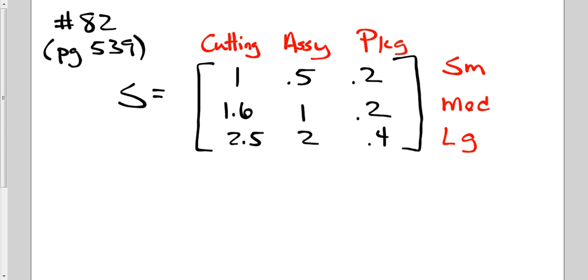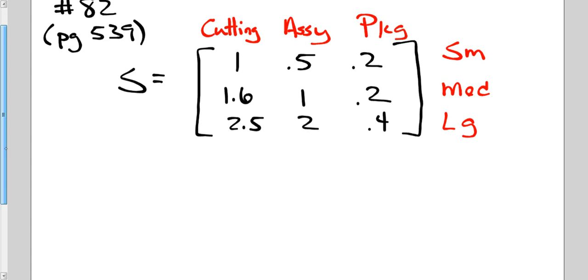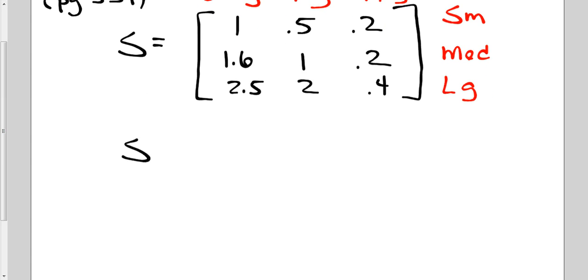This stuff looks like things that might be in that spreadsheet thing that we looked at yesterday, right? Now, I have T. T is another matrix. What are the dimensions of this matrix? 2 by 2? 2 by 3.